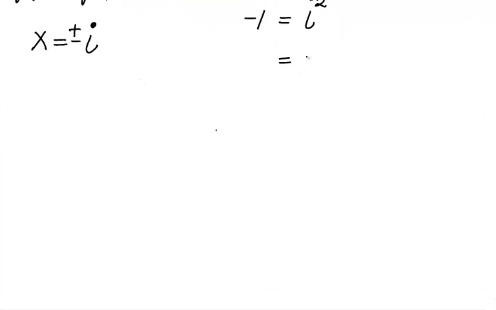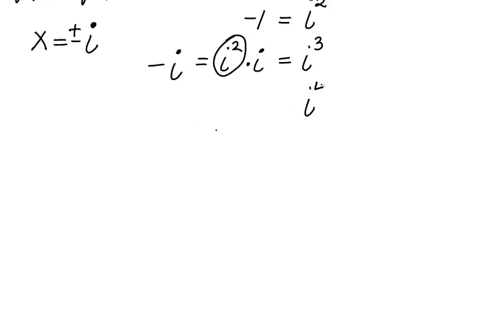If you look at i to the third, it's the same as i squared times i to the first, because when you multiply monomials, you add the exponents. And i squared is -1, so that's -i.